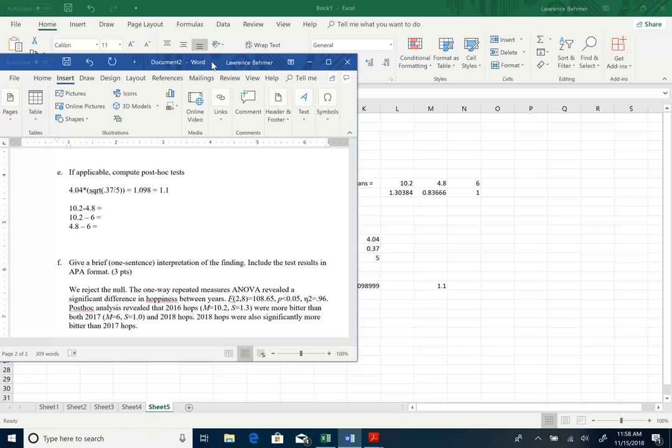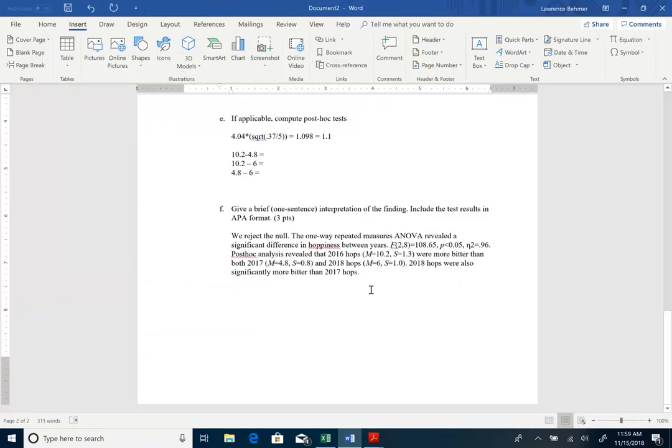And then 2018 hops. Pay attention. Actually, this is 2017. This is the 2017 data right here. So I actually want to change that to 4.8. And I'll just round this to 0.8. That's fine. And then 2018 hops, that's the one that was 6 with a standard deviation of 1. Remember what I said in class, it's tough to keep all this stuff straight, but that's the key, just making sure you're organized here.